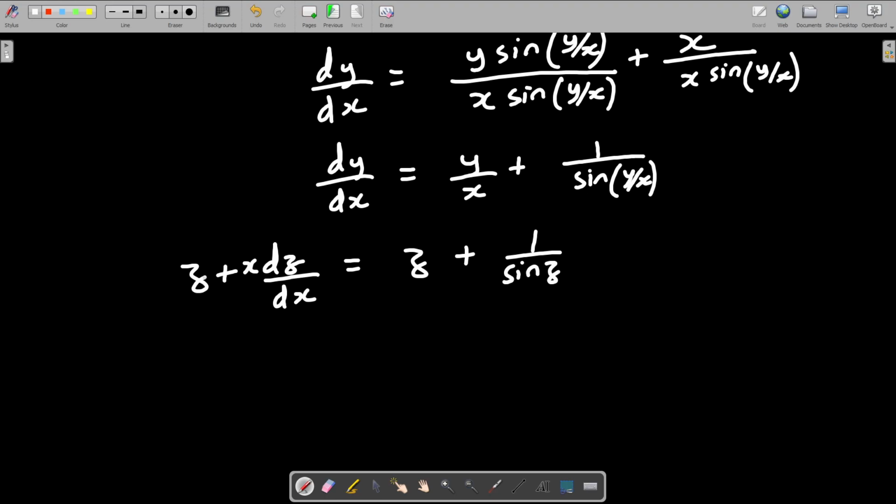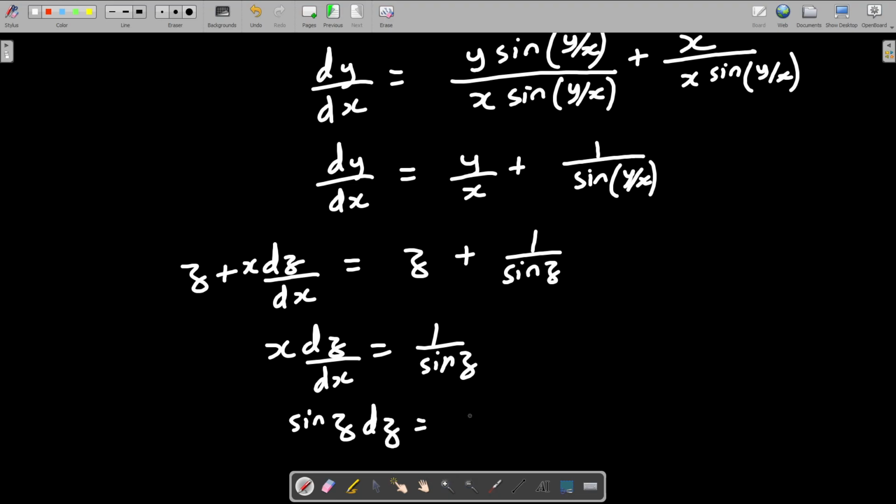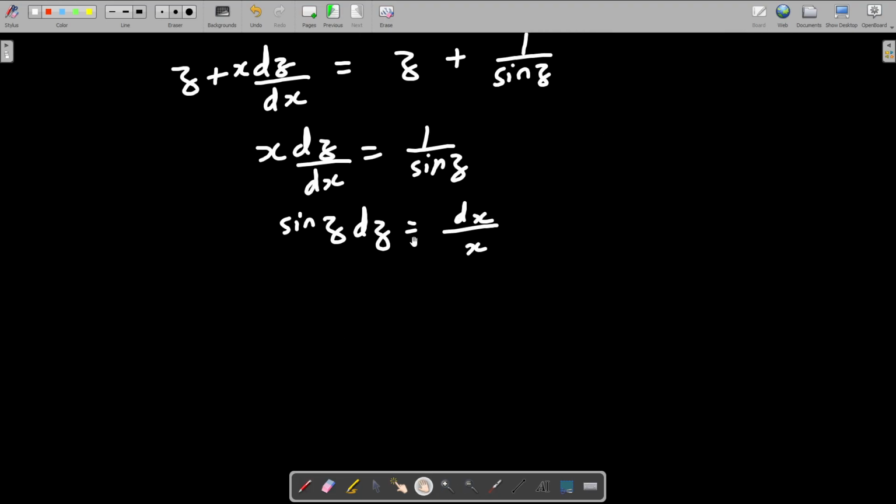What will happen next? z and z will cancel, so you are left with x dz by dx is equal to 1 upon sine z. So sin z dz is equal to dx by x. Integrating both sides, this will leave us with, integral of sin is minus cos, right?